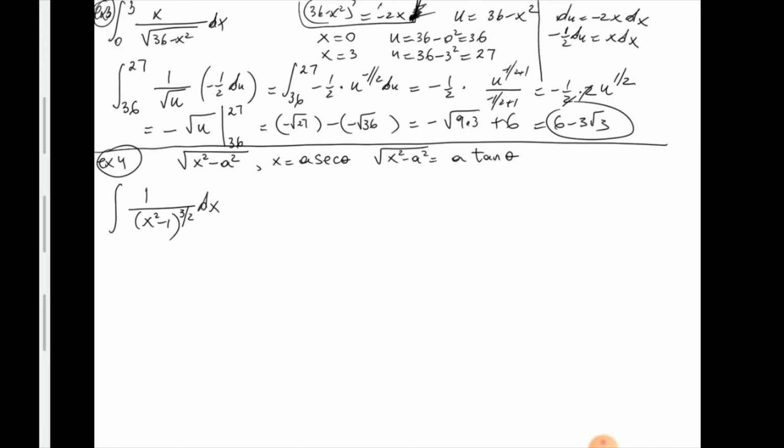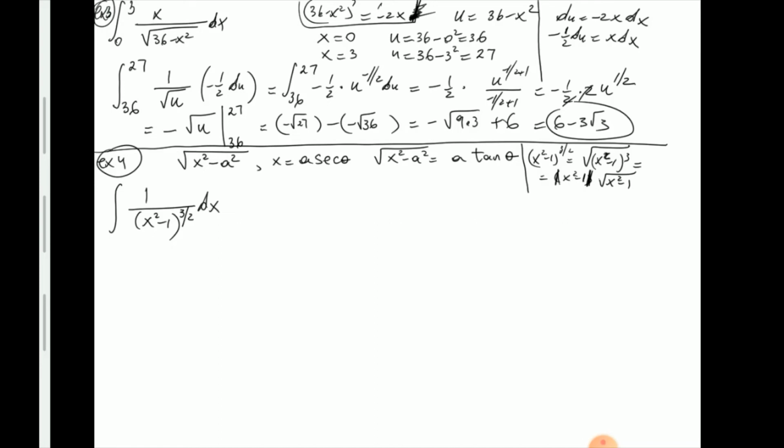Now you may say, wait a minute, this doesn't look like square root of x squared minus a squared, but really it does involve it, because the quantity x squared minus 1 to the 3 over 2 is the same as square root of x squared minus 1 to the power 3. And if you pull the x squared minus 1 outside, you're still left with square root of x squared minus 1.